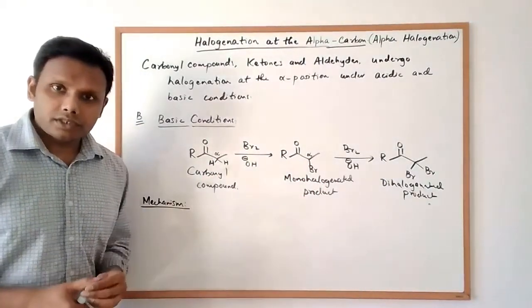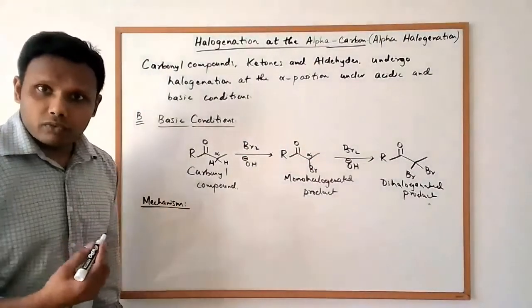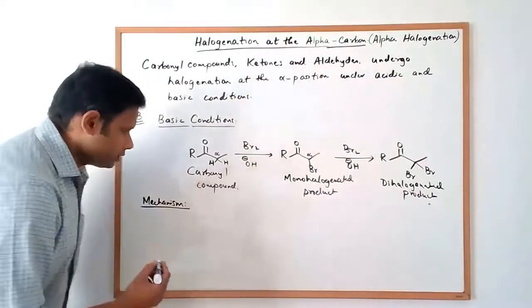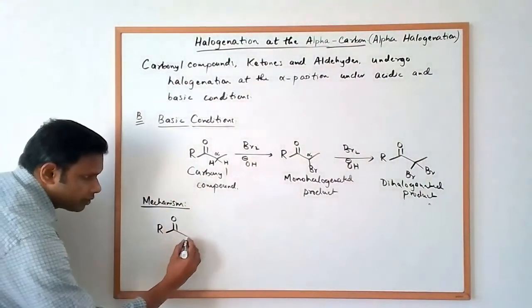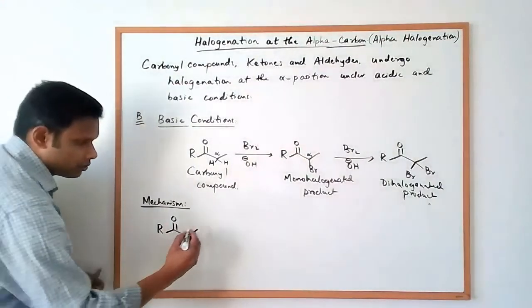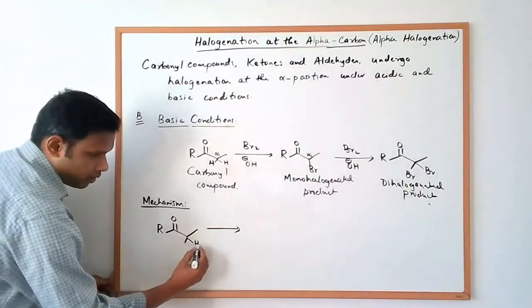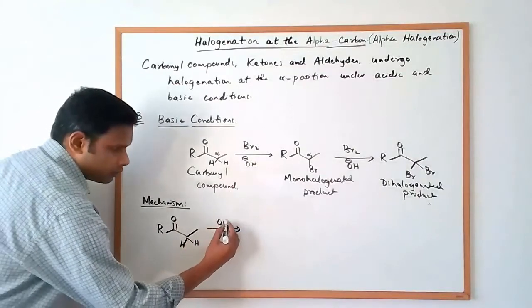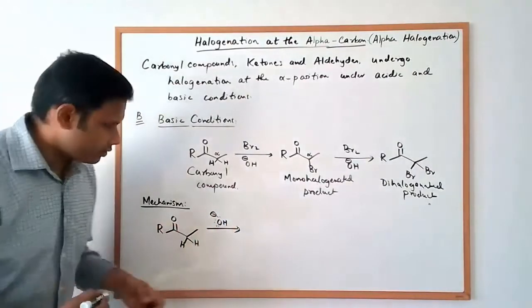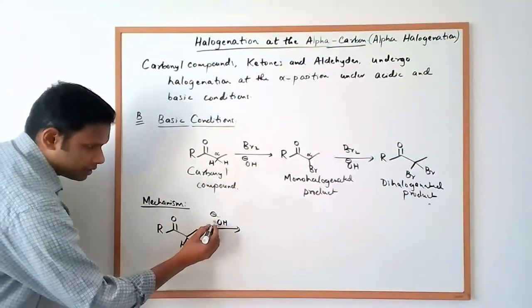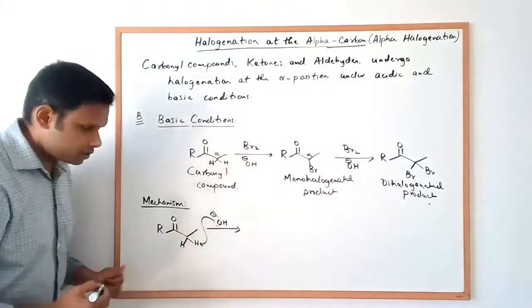Now, since the halogenation here is going on under basic conditions, the mechanism would involve the formation of an enolate. The first step here is going to be the formation of the enolate, and so essentially we're going to use the carbonyl compound along with the base. As we would do in the formation of an enolate, the base is going to come and deprotonate the alpha hydrogen.